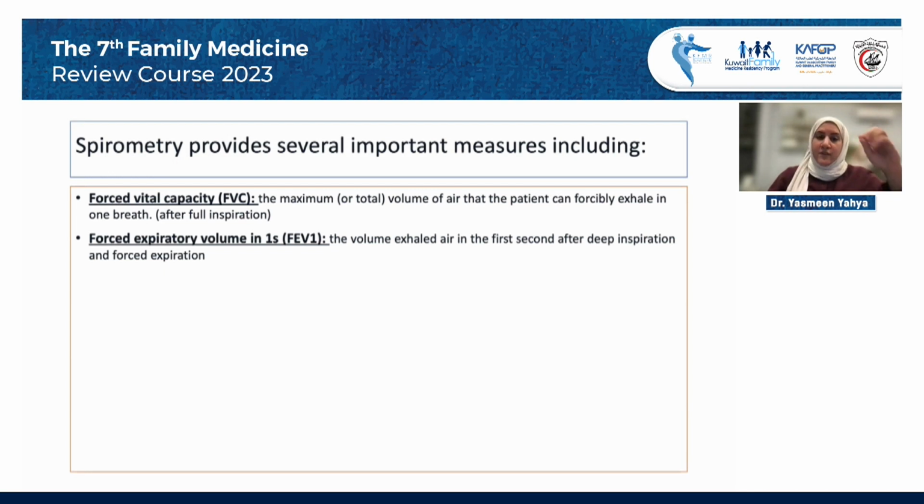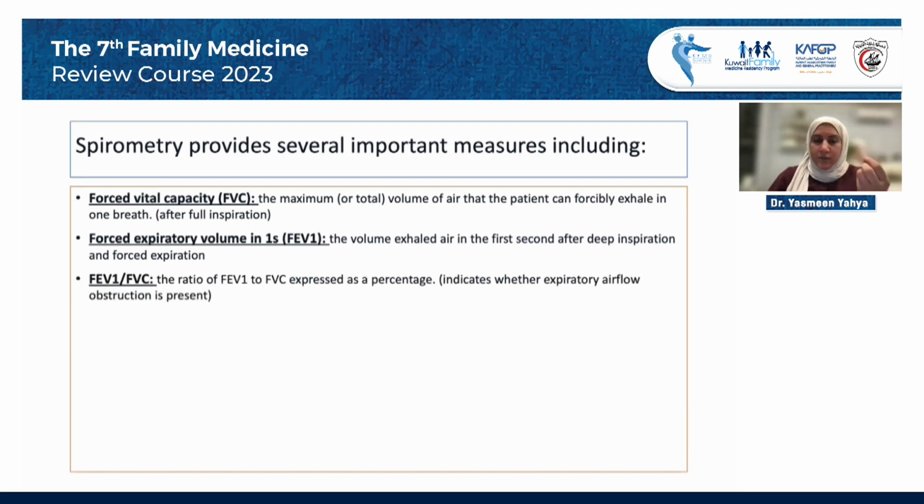And of course, if the airways are normal and not obstructed, then the ratio between these two, the FEV1 over FVC, should be high, above 0.7, which means that you will be able to exhale most of the air in the first second.